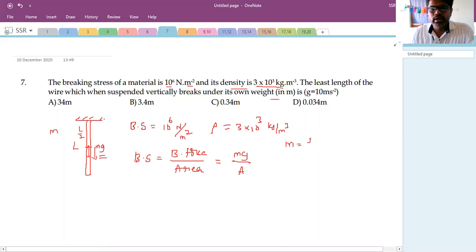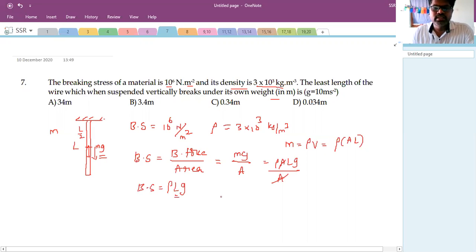M is equal to density into volume. Total volume is area of cross section into total length. So rho A L. Then you can write rho A L into g. So breaking stress is rho A L g by A. So A cancel. Then breaking stress BS is equal to rho L g.